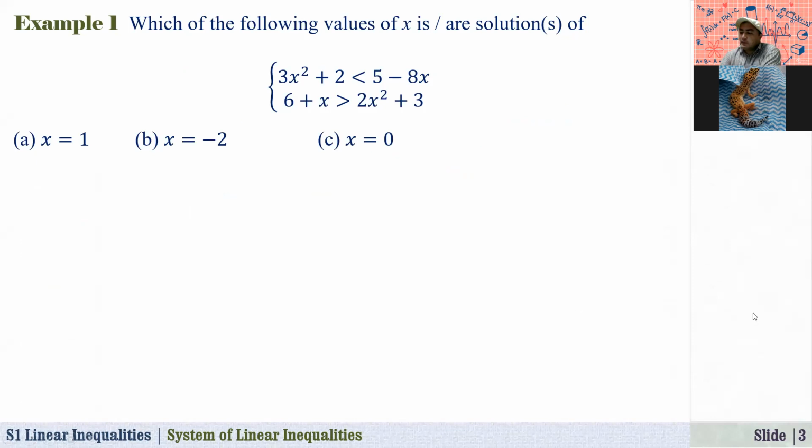Okay, I've just changed my Wi-Fi to 4G, that's why I had to reconnect.